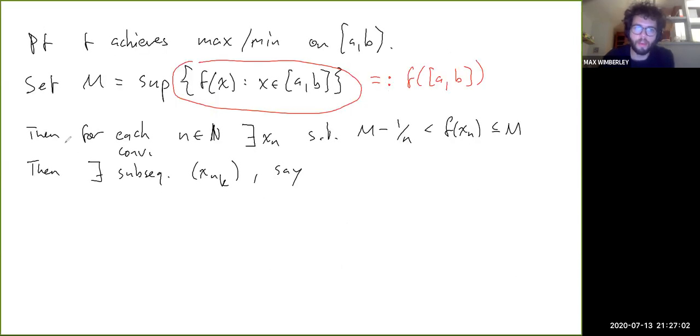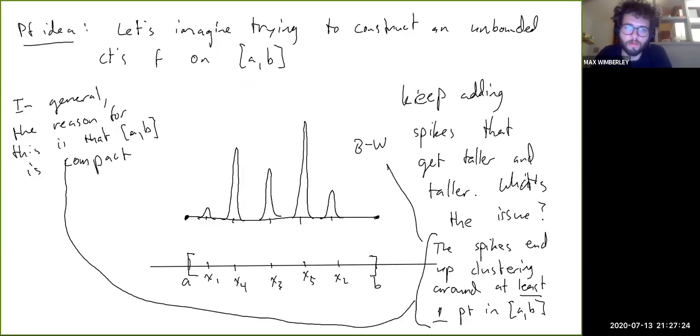But anyway, right. So there's a subsequence xnk which converges, and say it converges to x2, I think that was the notation I used before.